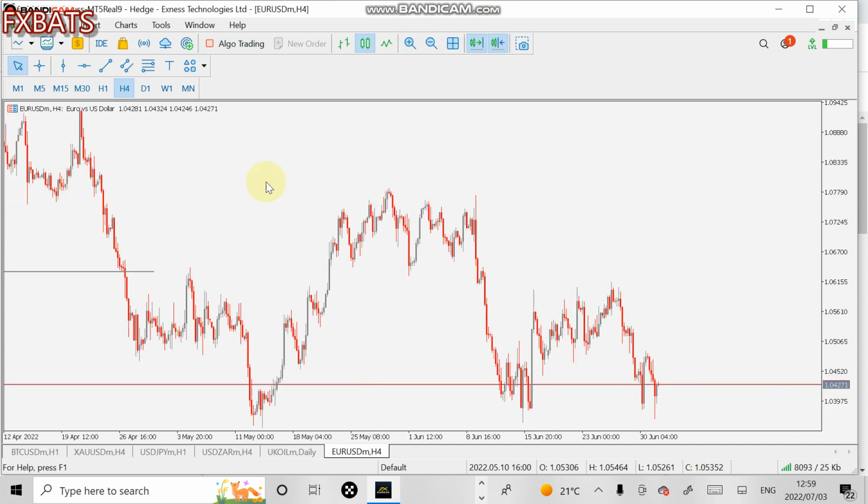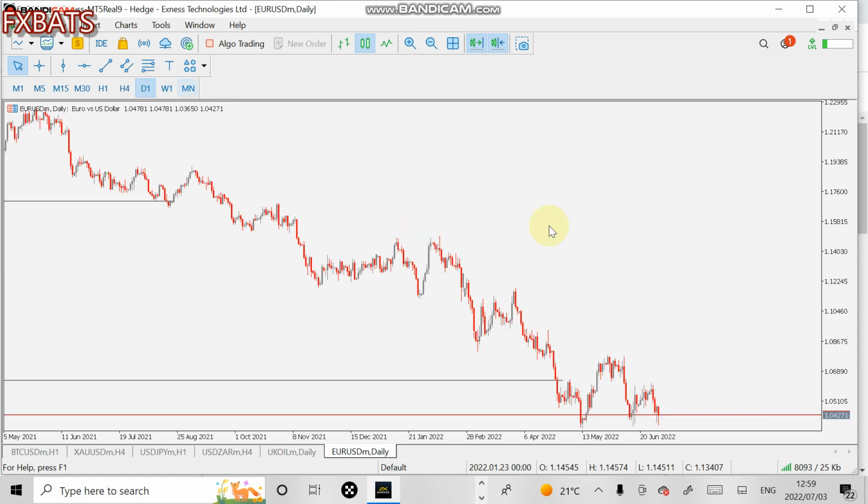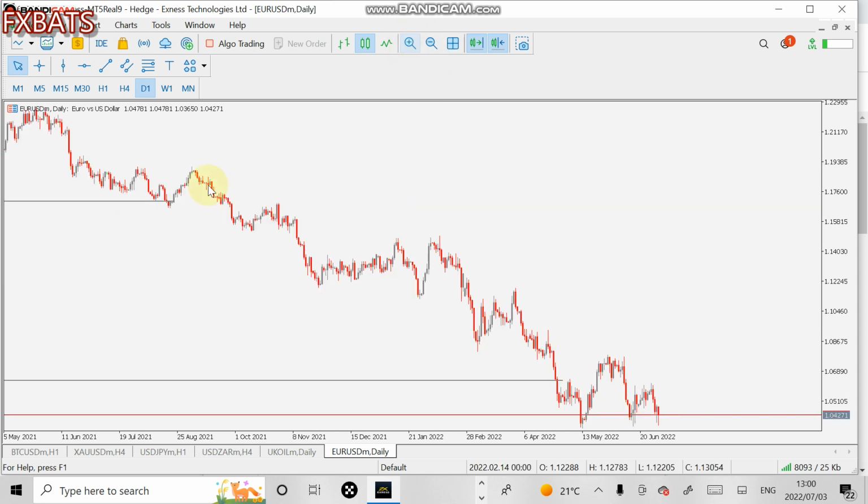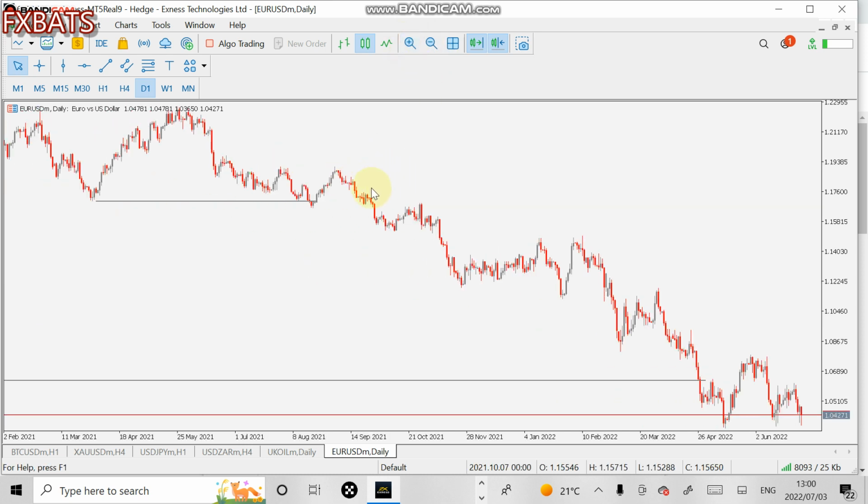Let me come to mid time frame so that you could see. Before coming to 4 hour, I just want to explain a few phases here. Of course, the first phase here was the break of structure.